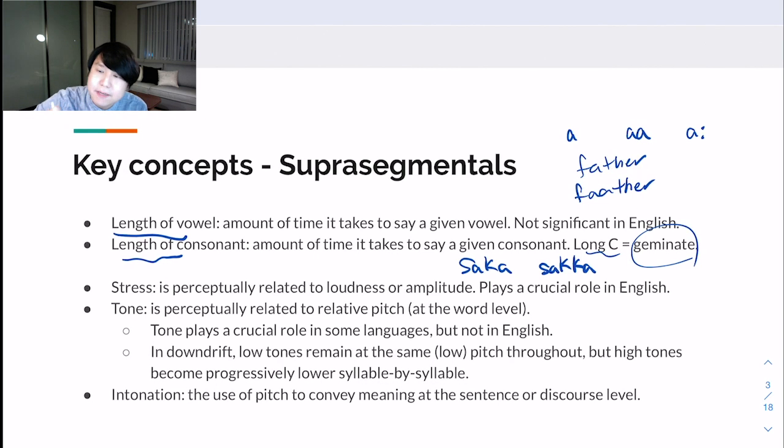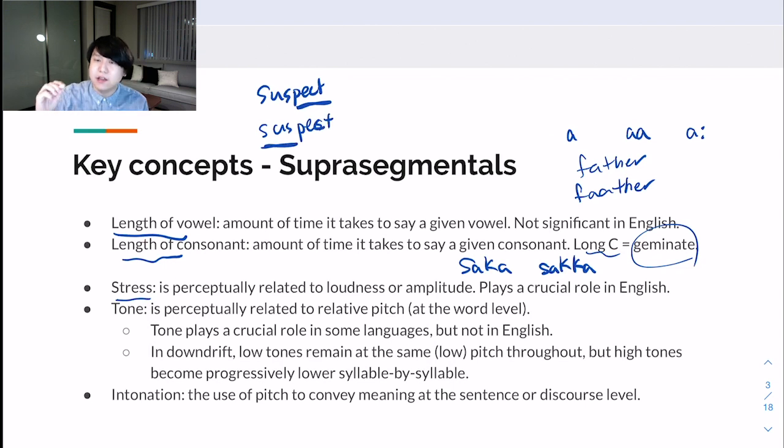Another suprasegmental concept we learned is stress. Stress is perceptually related to the loudness or amplitude within a word. It plays a crucial role in English. For example, when you say a word like suspect, there are two ways of saying this word.